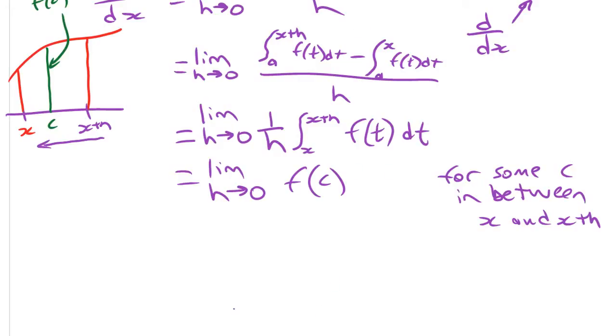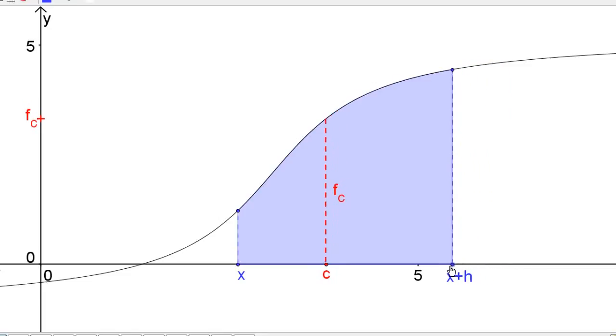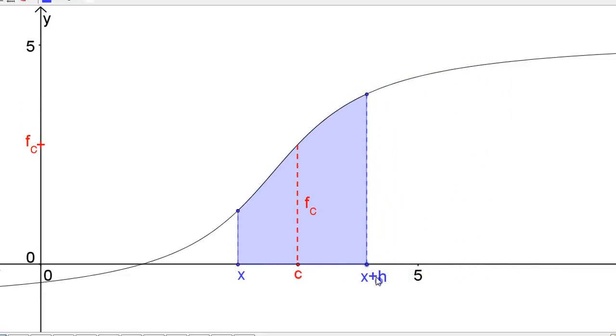Now let me show you what I mean by this. If you have two points, and this is a function here, and you have a point x and x plus h, and you're talking about a point in between, c, where that function value is equal to the average. As you take the limit as h approaches 0, these 2 points collapse together.